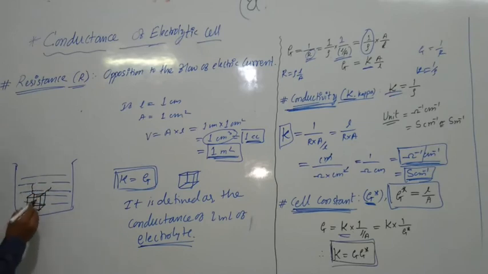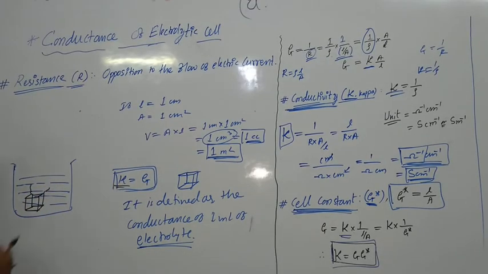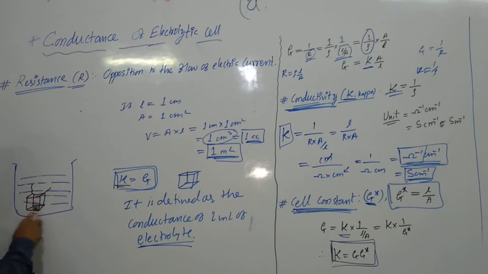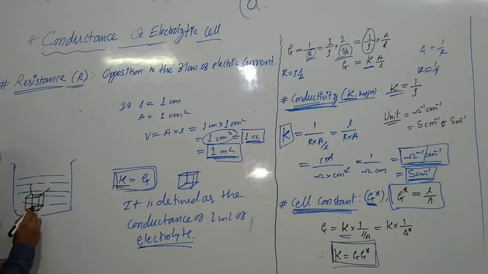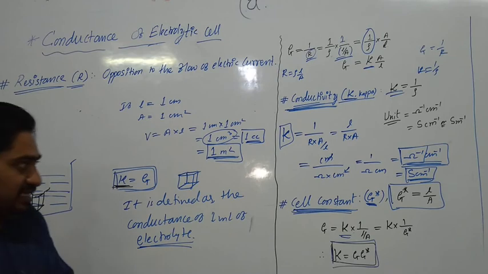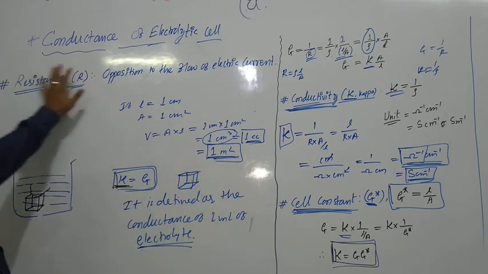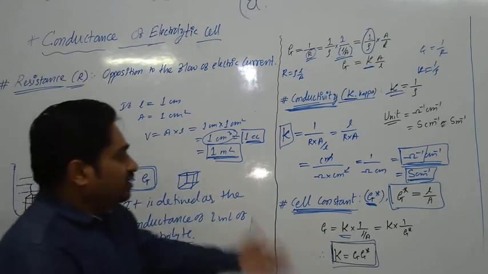The conductance offered by the solution present in this volume is called conductivity, simply. So this is 1 cc volume or 1 ml of the solution. The conductance offered by the solution present in this volume is called conductivity or specific conductance.